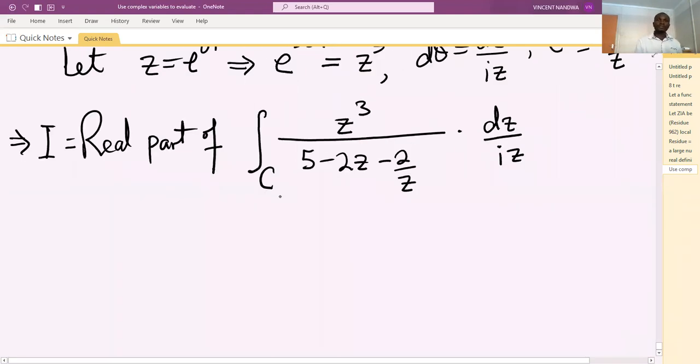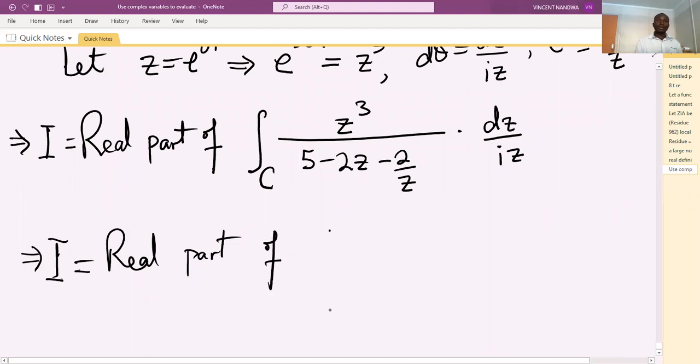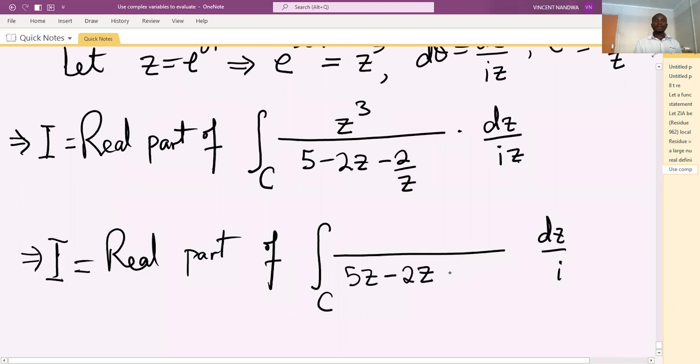When doing that, I will be the real part of, now you can write this one along C, then you write this one dz over I, so multiply z by every term, so we have 5z minus 2z squared minus 2, and then we have z power 3.